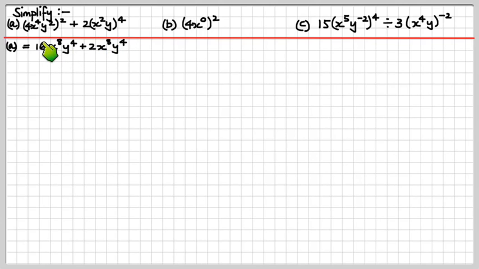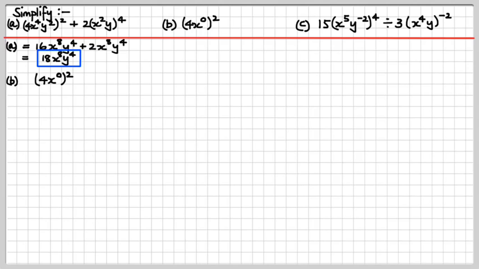So we've got 16 of them here, and we've got 2 of them there, which makes a total of 18. So 18 x to the 8 y to the 4, and we've got it. Yes? Great. Did you get it? Well, that's good. If you didn't get it, just remember, go back and see where you went wrong and practice, and you'll be right. What about B for you and me?